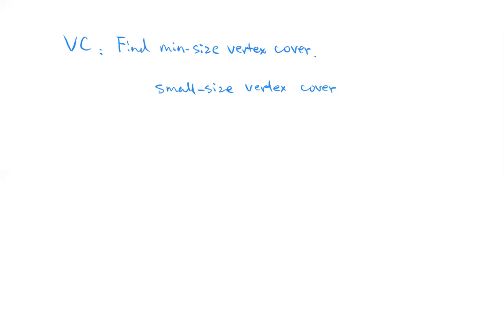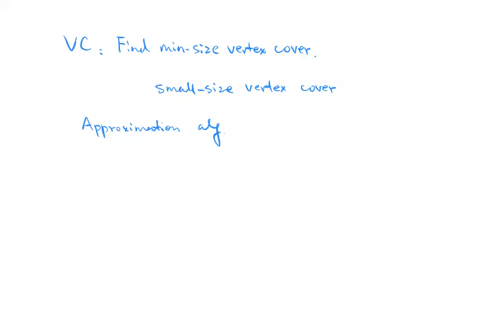Instead of finding the minimum size vertex cover, we find a small size vertex cover. That's called approximation.